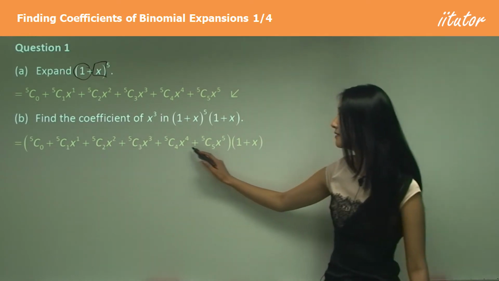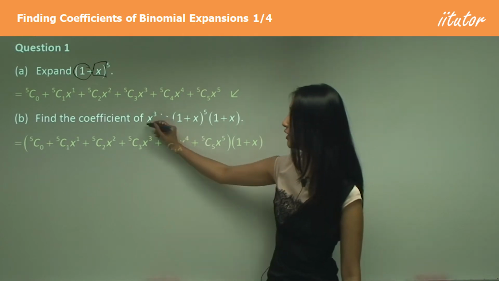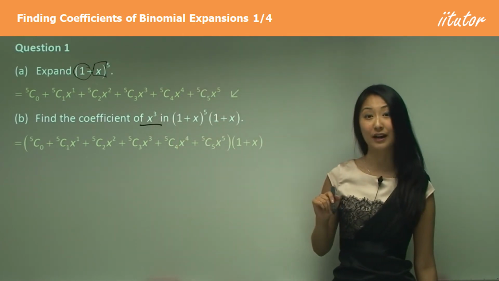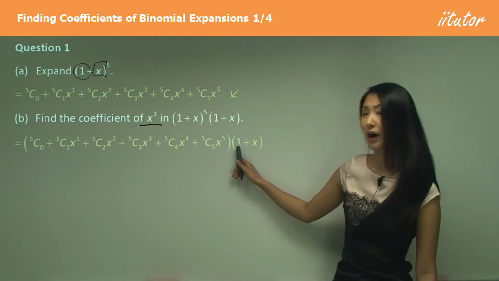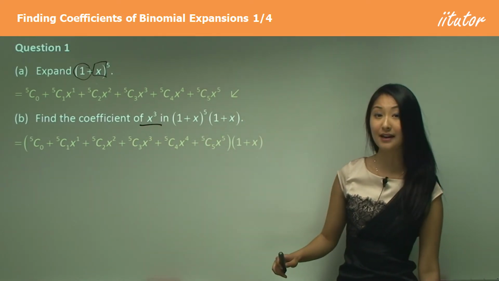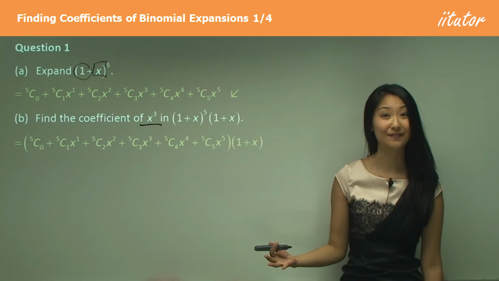So this times this. Now to find the coefficient of x to the power of 3, I just want to find what times 1 will give me x to the power of 3, as well as what times x will give me x to the power of 3, okay?